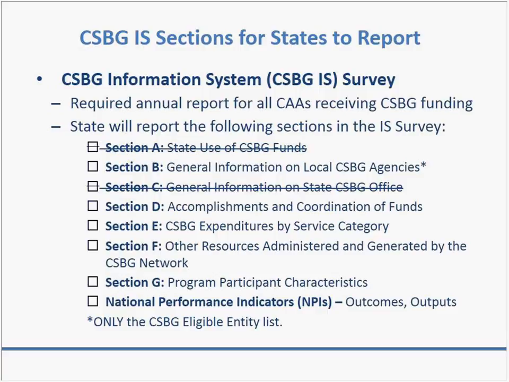That data will be collected in the IS database as it has been. Sections A and C do not need to be completed in the IS database. Parts of that information will be completed in Module 1 of the CSBG Annual Report, which we will talk about later. Right now, we're just going to be talking about the sections that will be reported in the IS report.